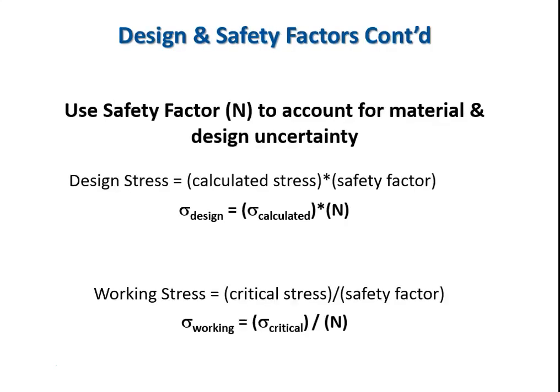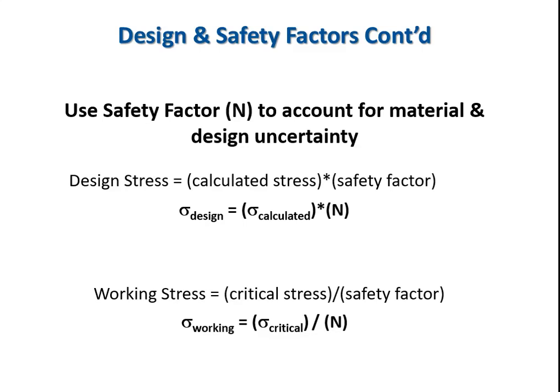Okay, so all that. What is a safety factor? It is literally the ratio of the calculated stress, what you think you need, and what the design stress is. And it's always a number larger than 1.